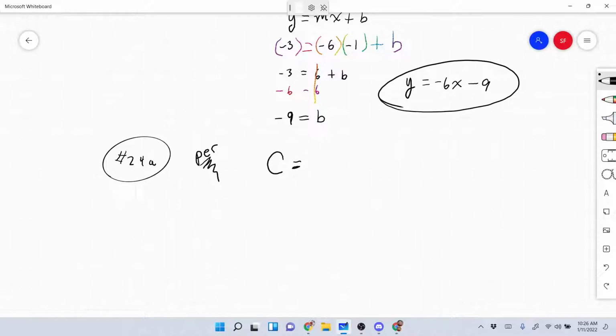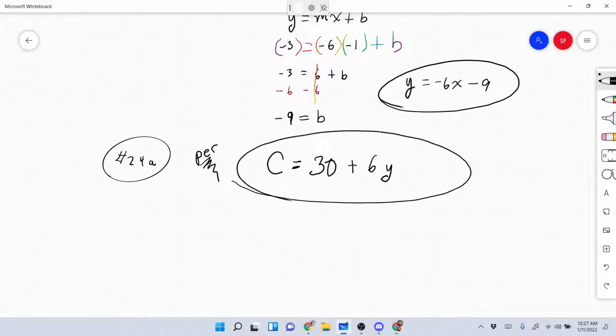And it says it starts at 30 cents, right? So 30 cents. And then we're adding 6 cents per year. And so there's the answer to A.